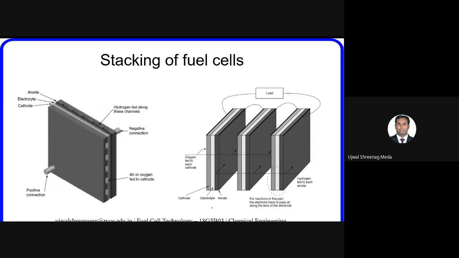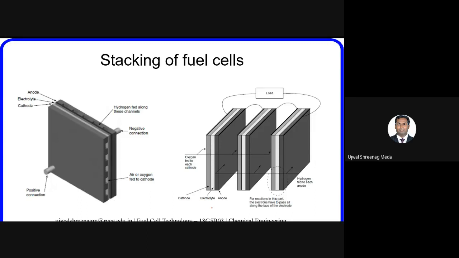One is that it provides structure and strength. It works like a framework for the fuel cell, and it acts as a connection between the anode of one fuel cell and the cathode of another fuel cell, and it will also facilitate the flow of the gases.